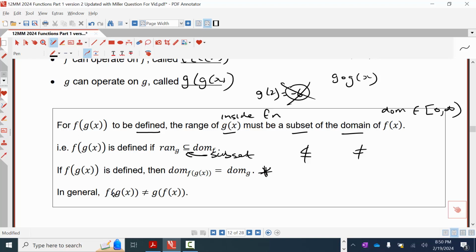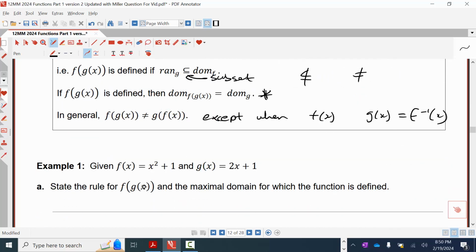In general, f of g of x is not equal to g of f of x, except in one circumstance: if we've got f of x, and g of x is equal to f inverse of x. So if g of x is the inverse of f of x, then the composition will work both ways. That's going to happen when they're inverses of each other.